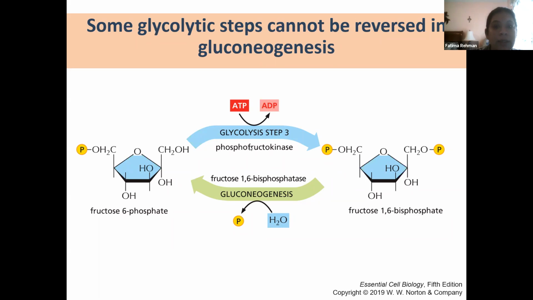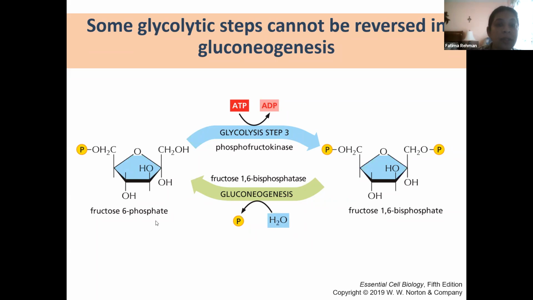In glycolysis, it would have taken that ATP and transferred the phosphate from it, turning it into ADP as it took that phosphate off. Now, when this works in reverse, it cannot just take ATP and convert it back into ADP. Instead, it goes through a different release, using water molecules, just like it would in any other macromolecule breakdown.